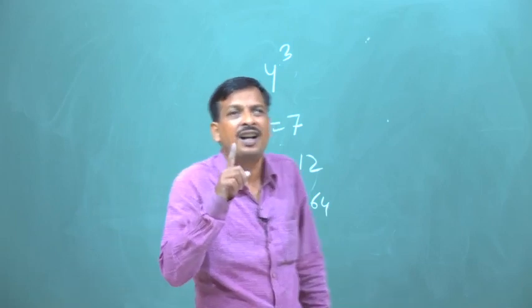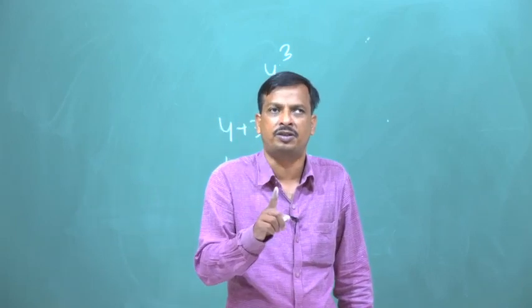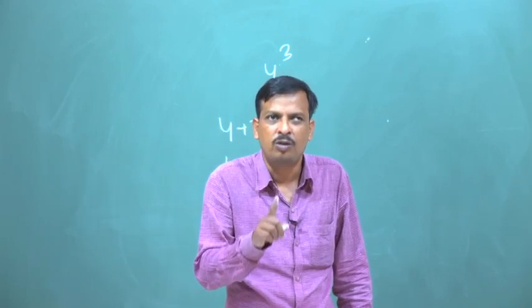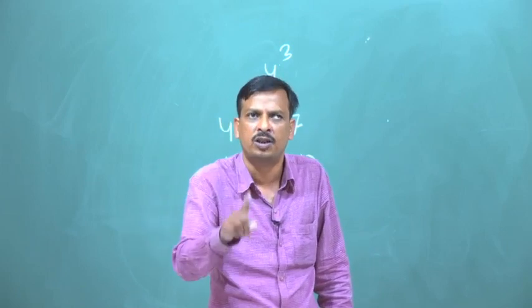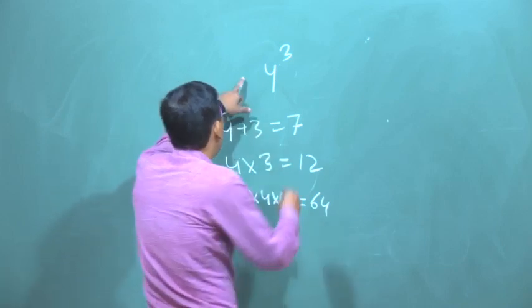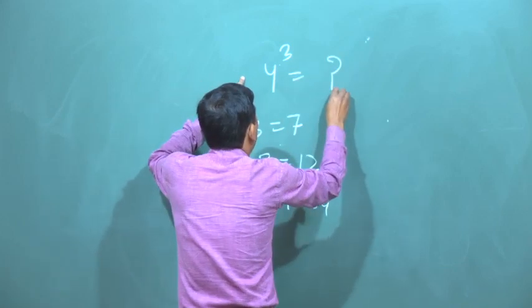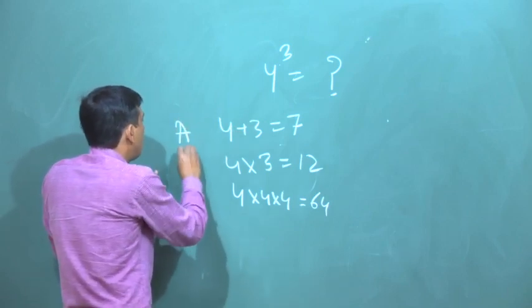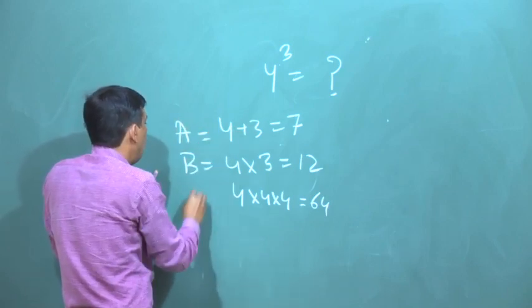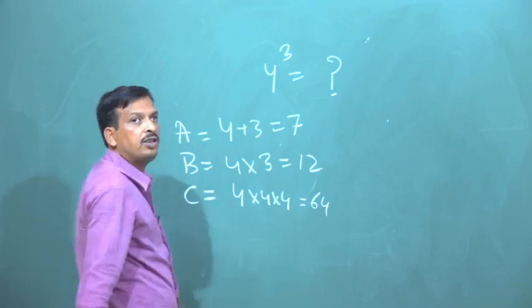So, I design a multiple choice question to find out what are the possible misconceptions of the students. My question is, what is the value of 4 to the power 3? Choice A is 7, choice B is 12, choice C is 64.